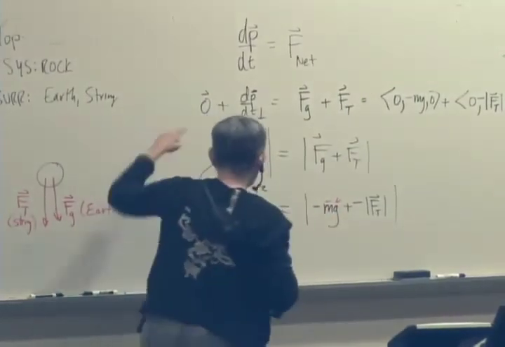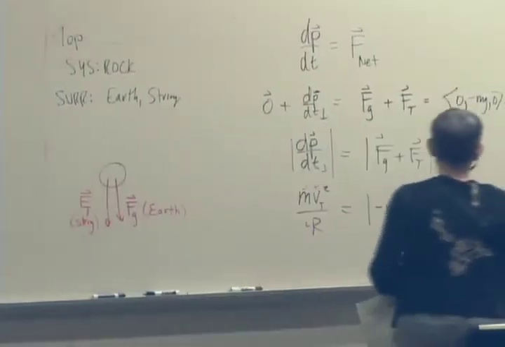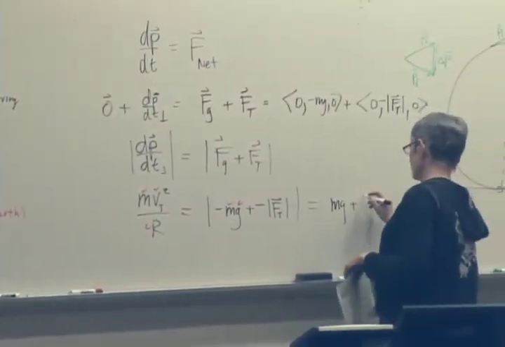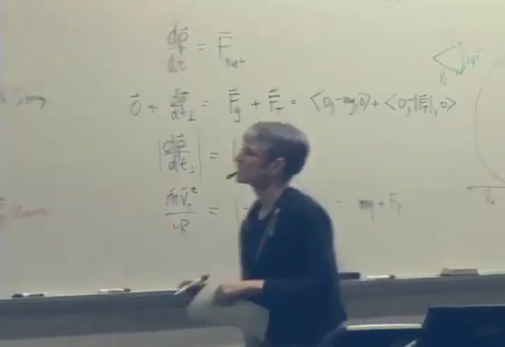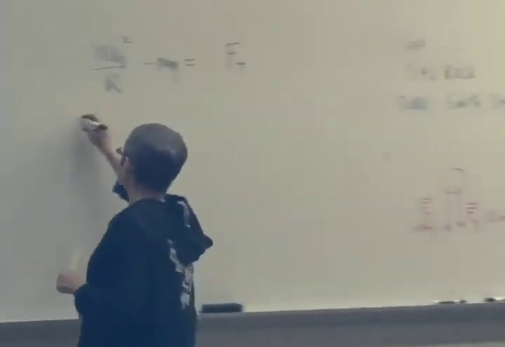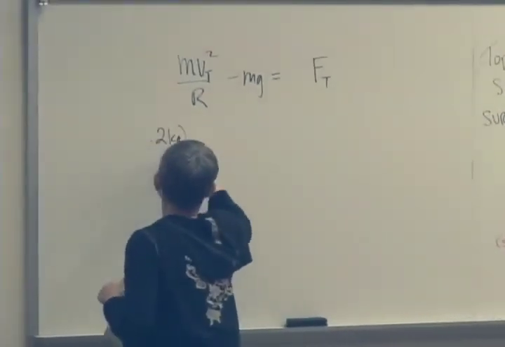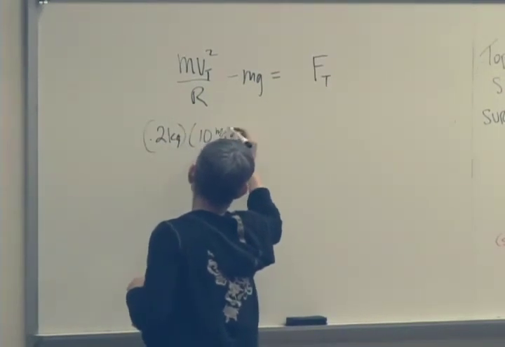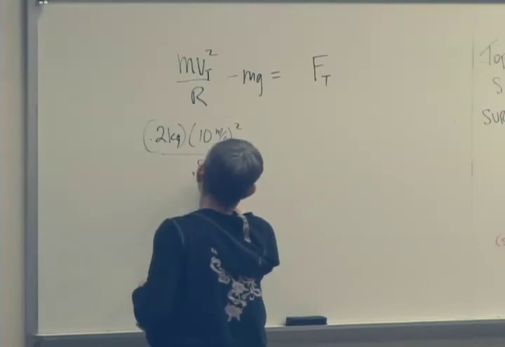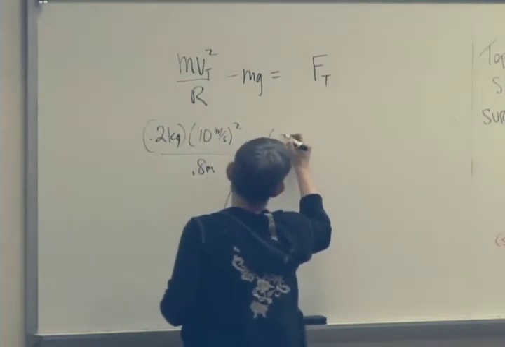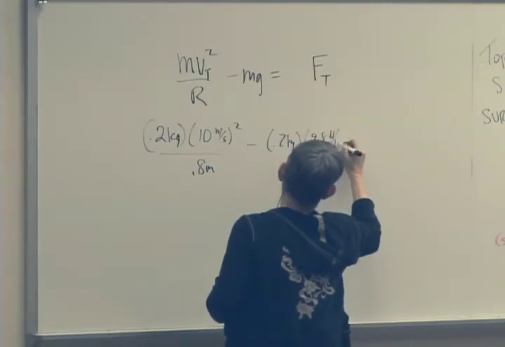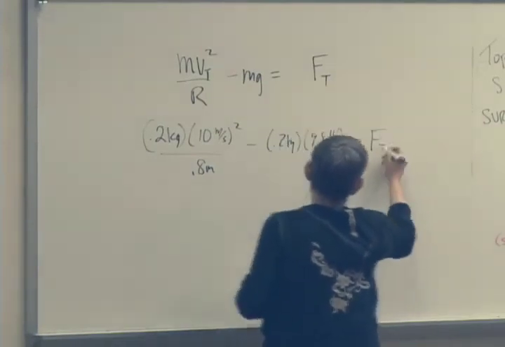So that's going to be equal to mg plus F_T. And so we have 0.2 kilograms times, what was it, 10 meters per second squared over 0.8 meters minus 0.2 kilograms times 9.8 newtons per kilogram is the tension force.